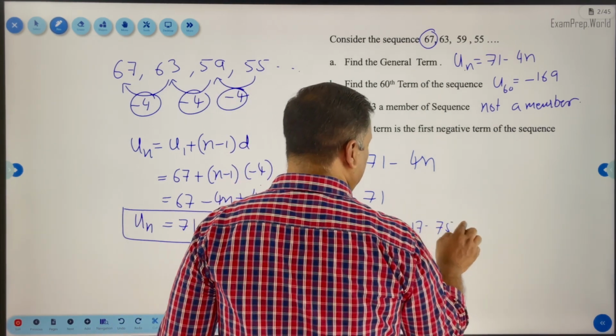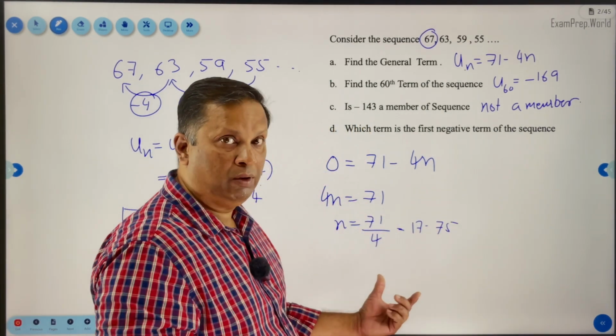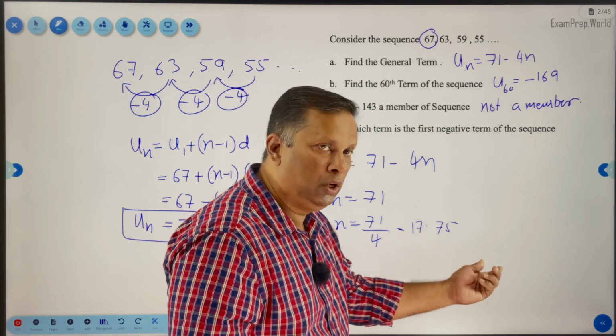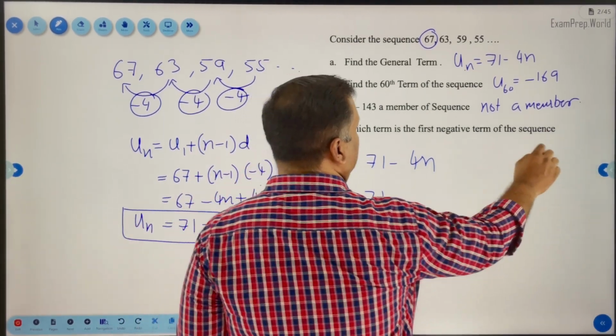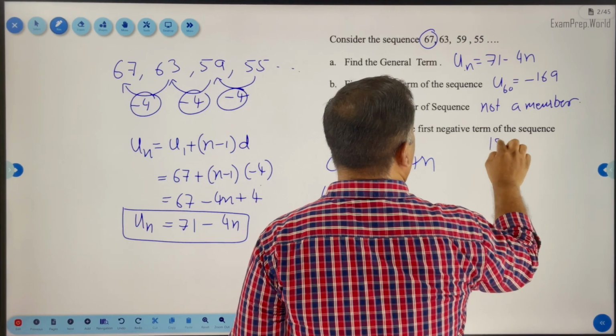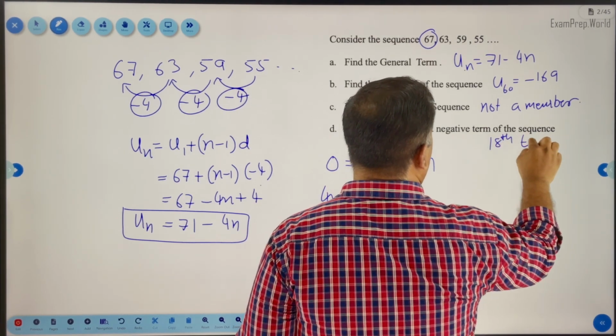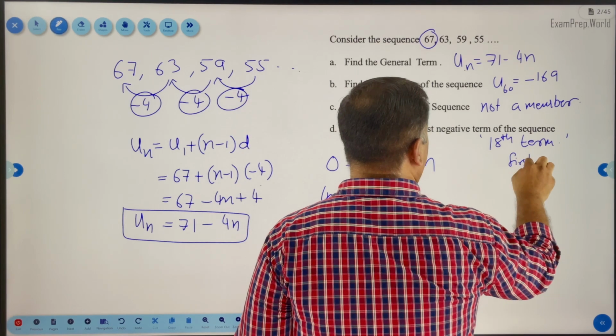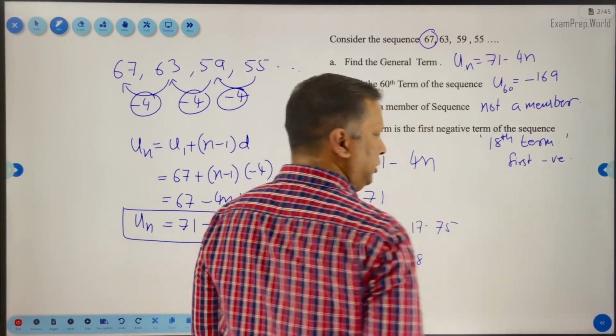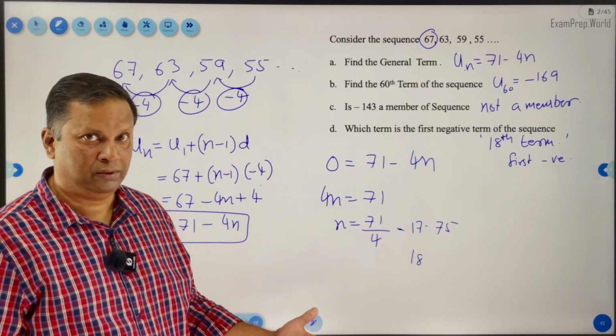So 0 is not a member, but the first negative number will be the next whole number after 17.75, which is 18. So the 18th term is the first negative number. It was easy, understood, right?